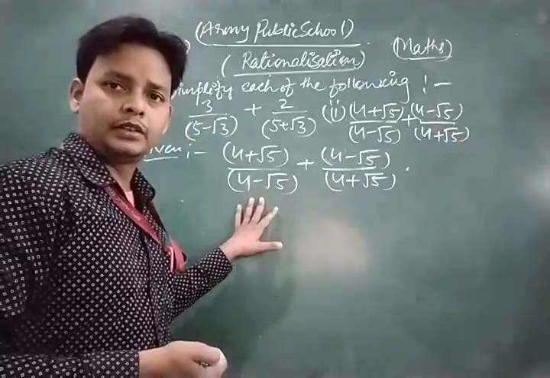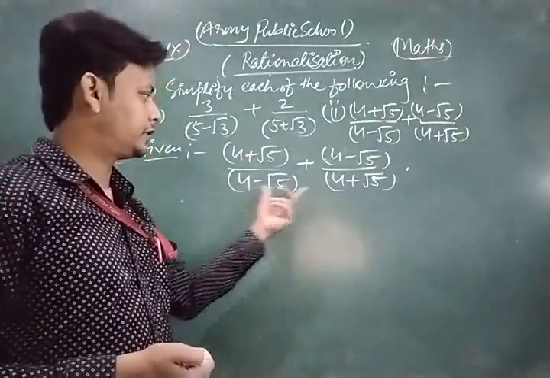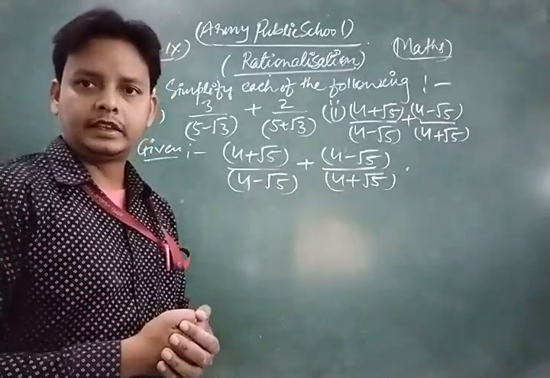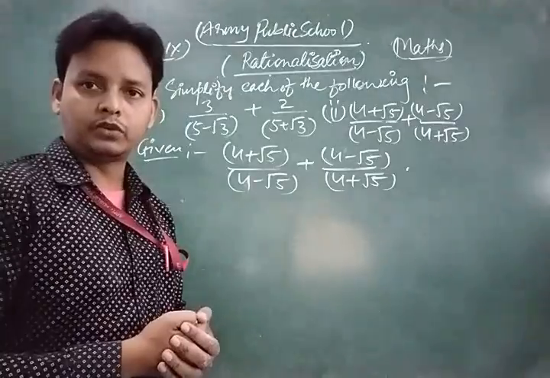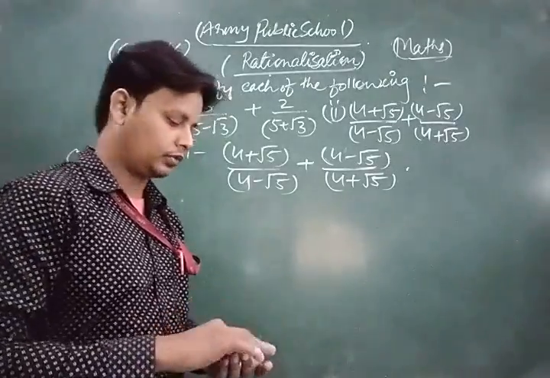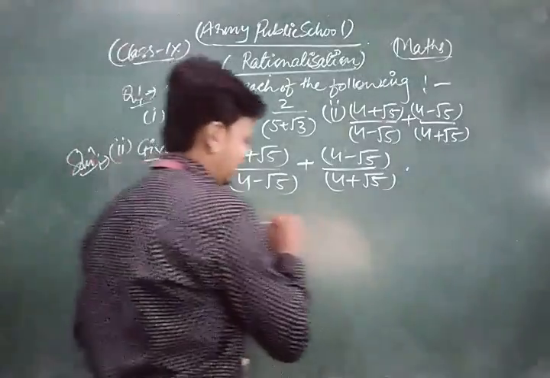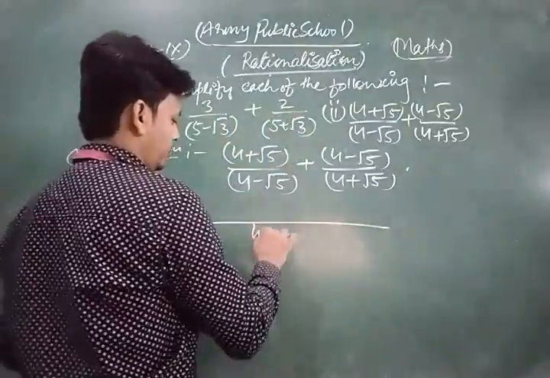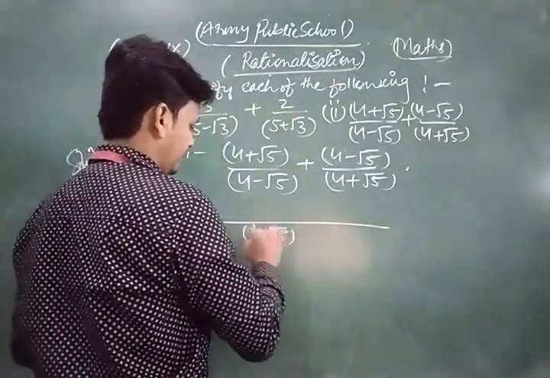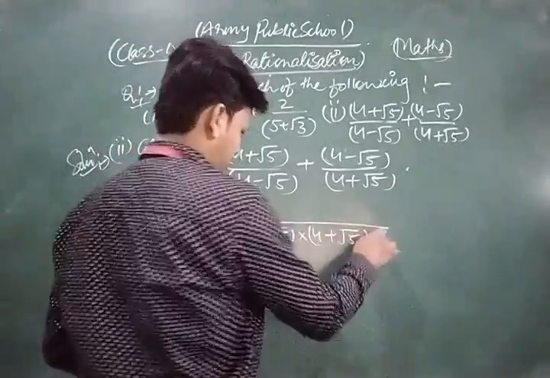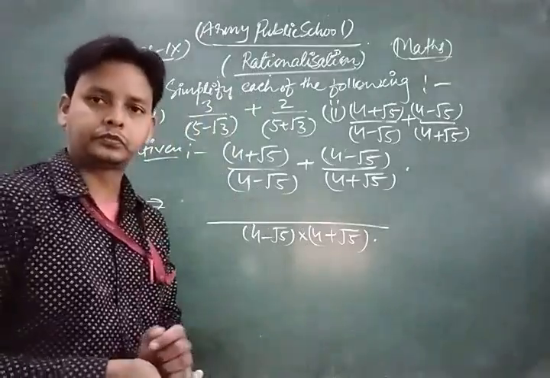Okay, now what do I do for that? First of all, we take the LCM of their denominator. So we get what? Look. So LCM of the denominator is what? We take as 4 minus root 5 into 4 plus root 5. Okay.